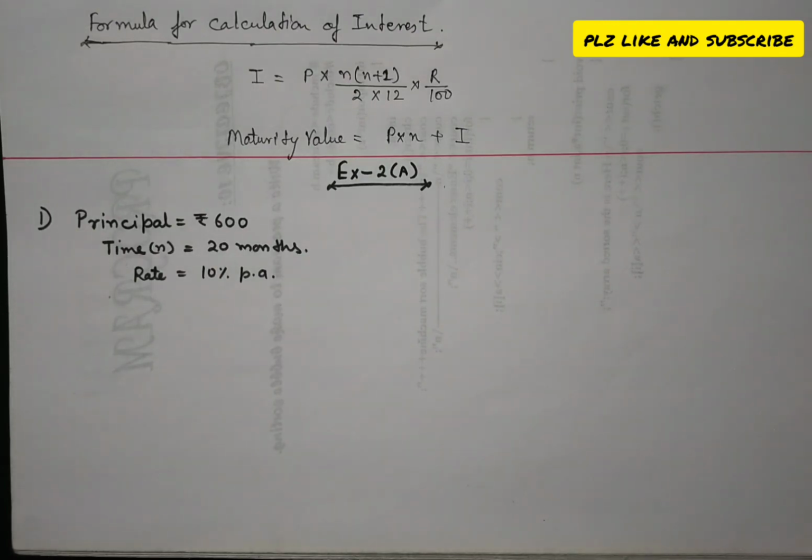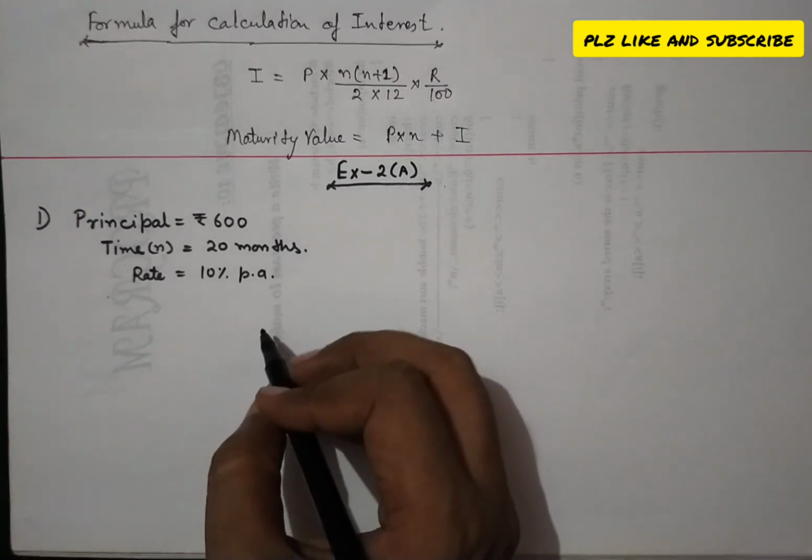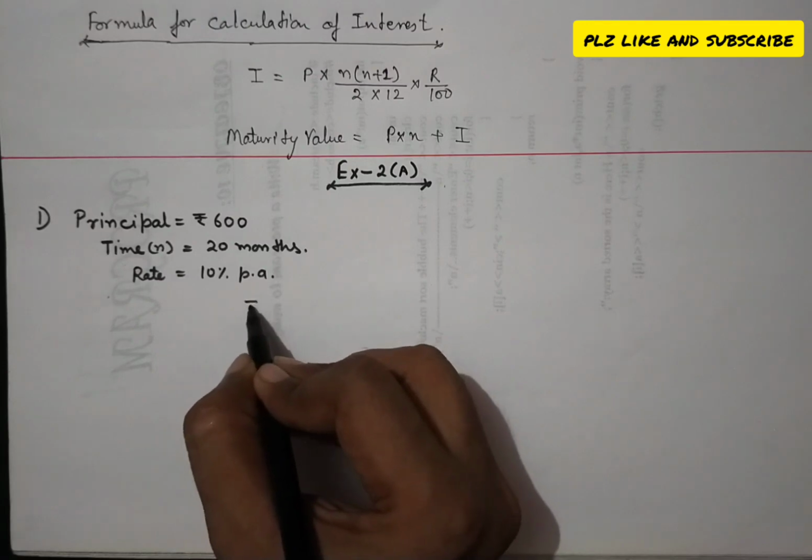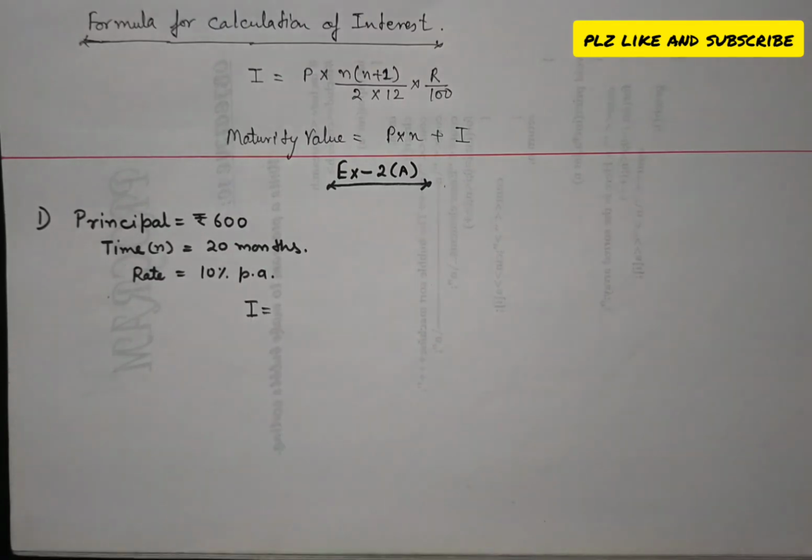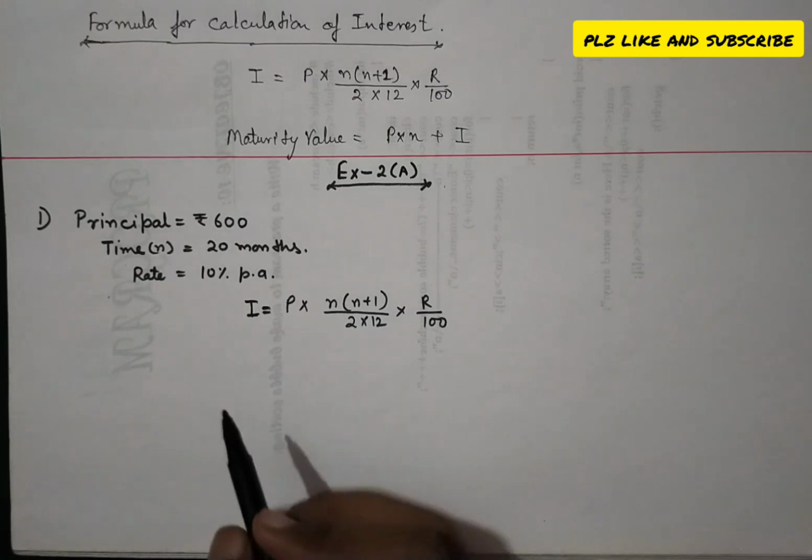So very first of all we will find the interest, that is I equals P into n into n plus 1 upon 2 into 12 into R upon 100. Now place the values.